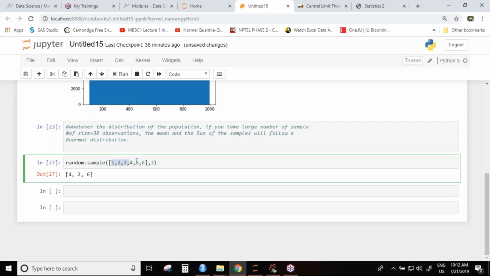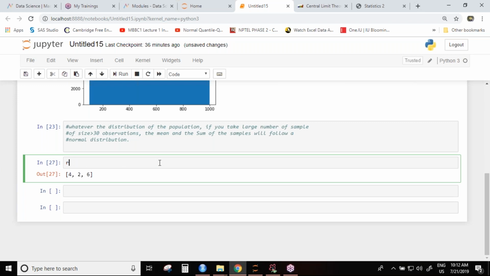Your population here is very small, just these 6 numbers, and you are randomly selecting 3 from it. I hope this sample function is clear.